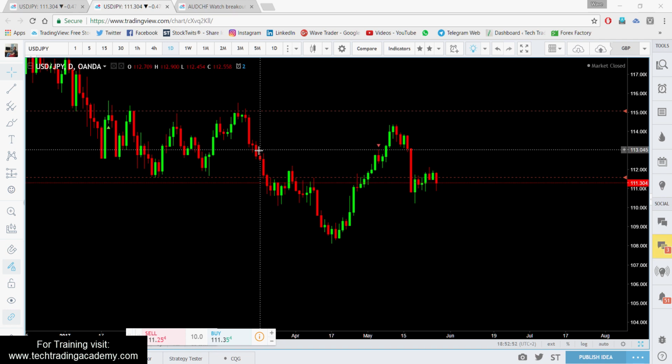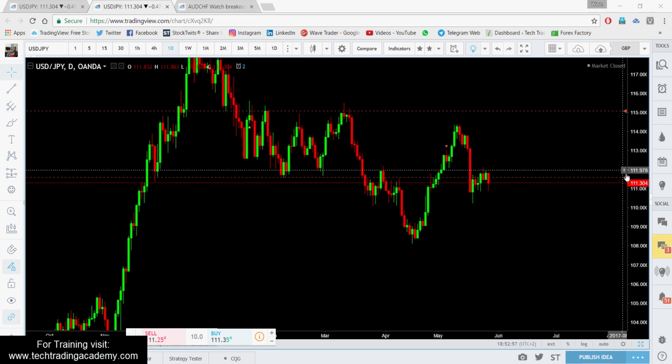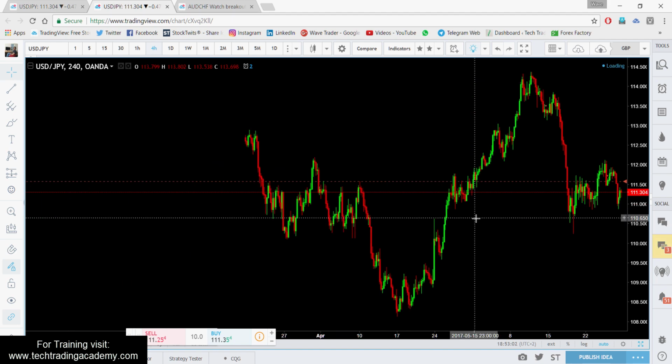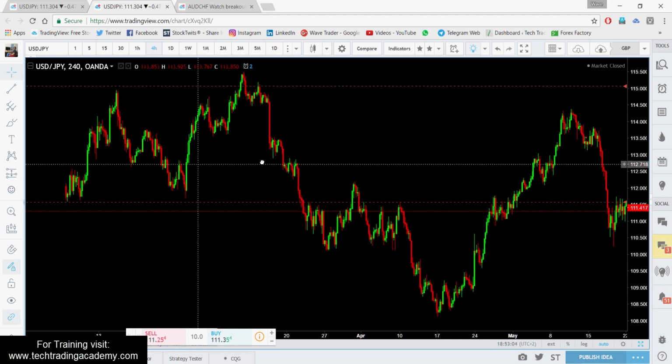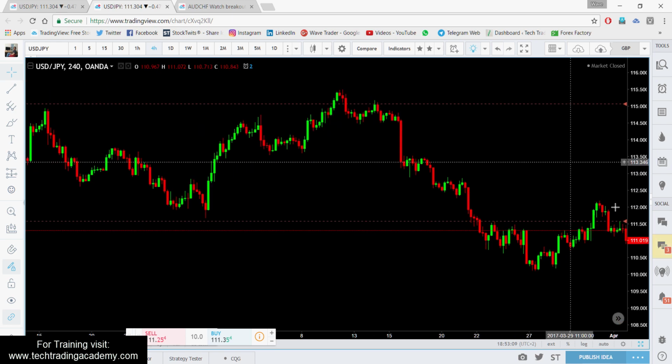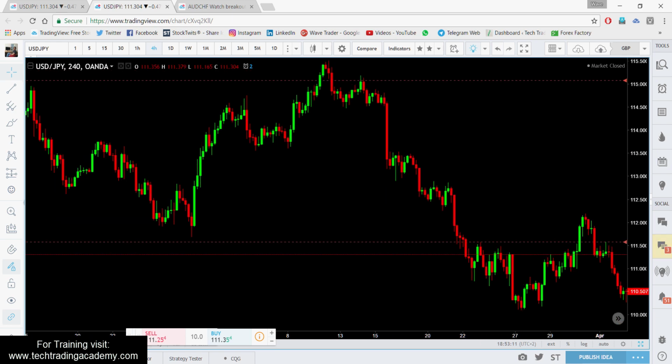So we have seen this kind of formation before. Let me show you at this area. We have seen that formation here, and we traded this way. So we are looking for this trade at the current price.